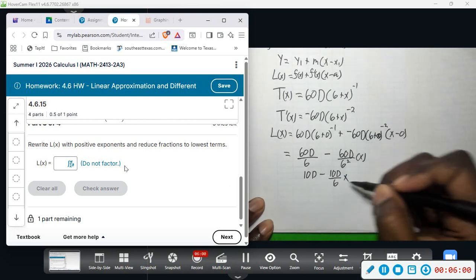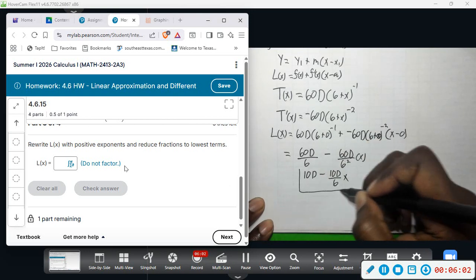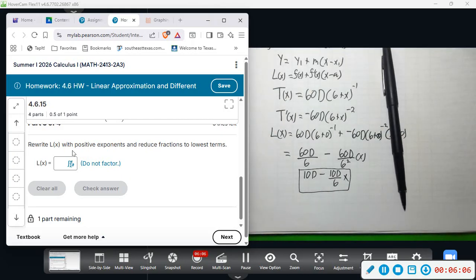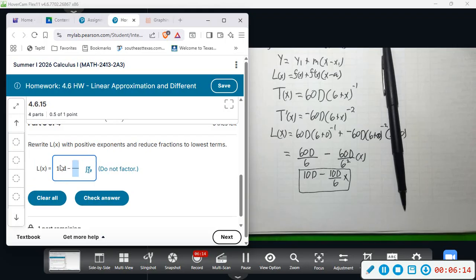All right, so this is simplified without factoring. I'll probably simplify that a little bit more, 5 over 3, but I'll leave it, I think, in that form.